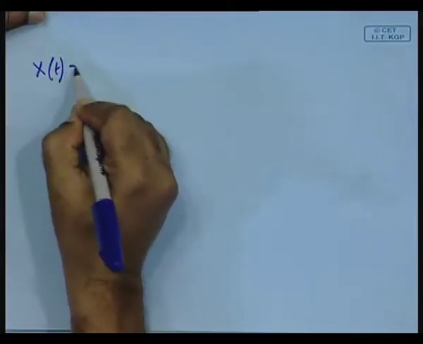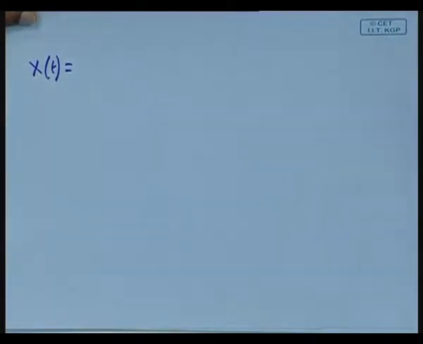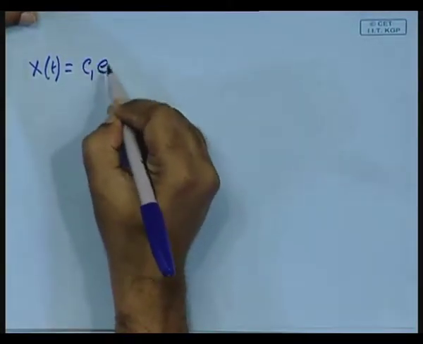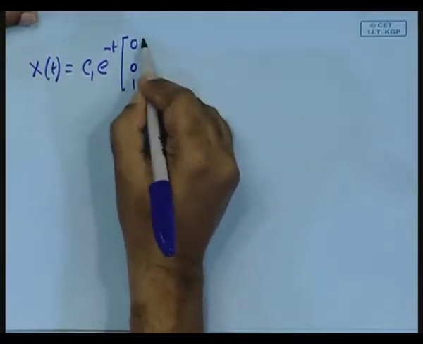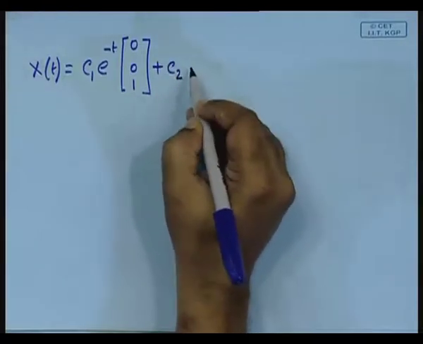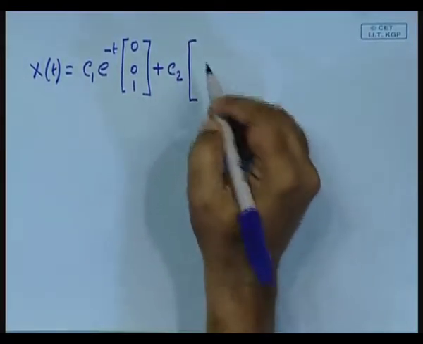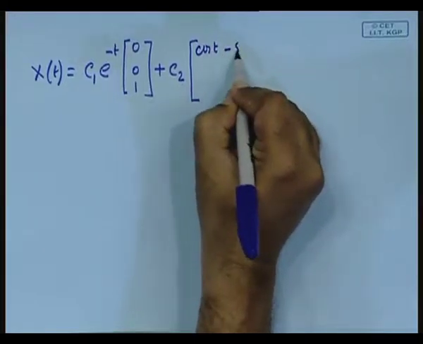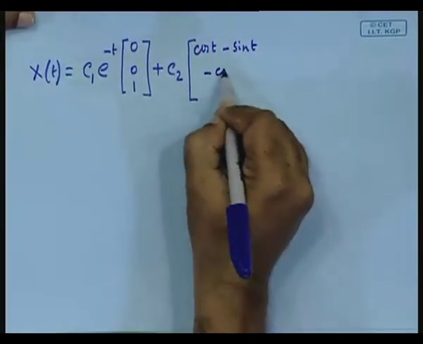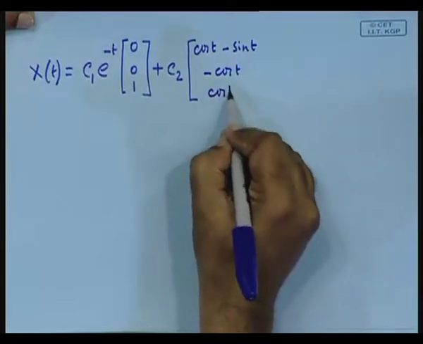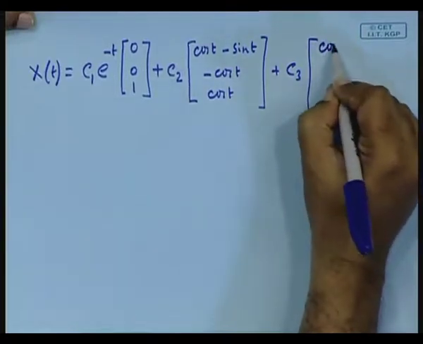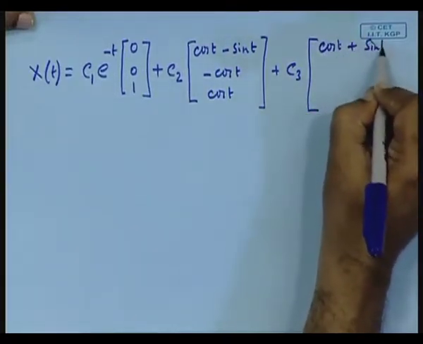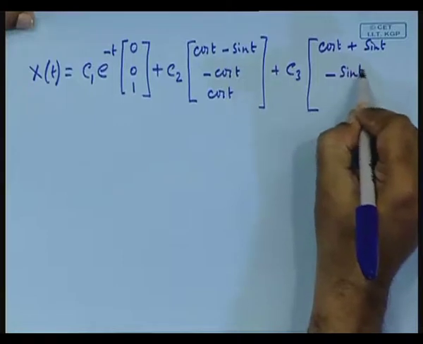So, your final solution x t is equal to C 1 e to the power minus t times 0 0 1, plus C 2 times cos t minus sin t, minus cos t, cos t, plus C 3 times cos t plus sin t, minus sin t, sin t.